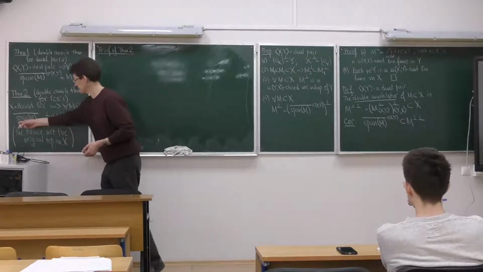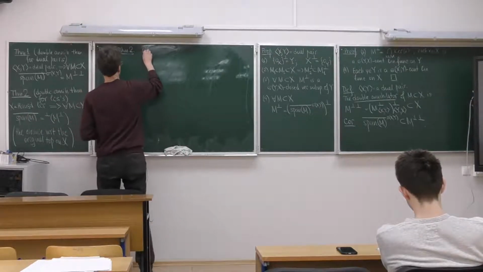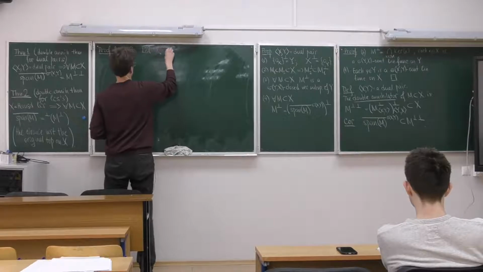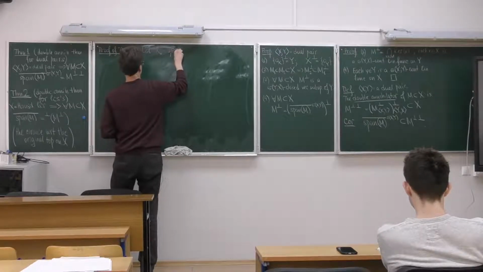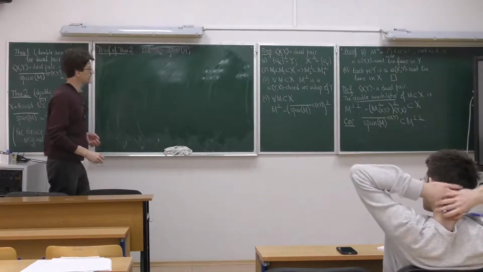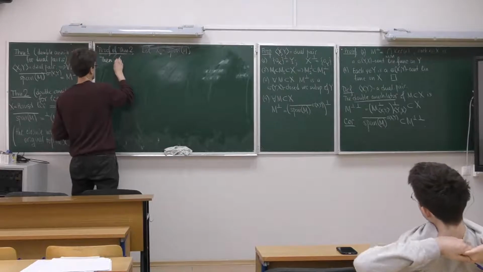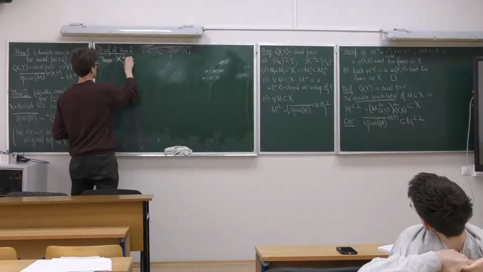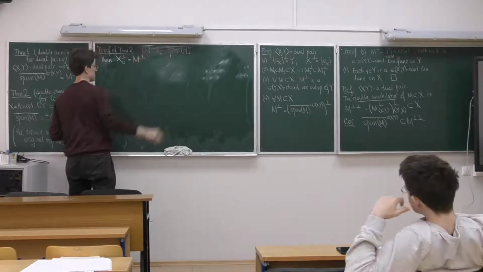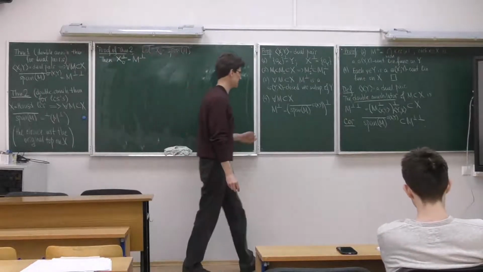Let X0 denote the closure of the linear span of M. Then, first of all, we observe that the annihilator of X0 is equal to the annihilator of M, for about the same reason as here.